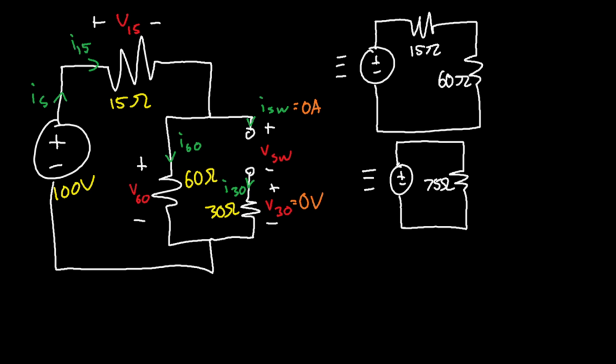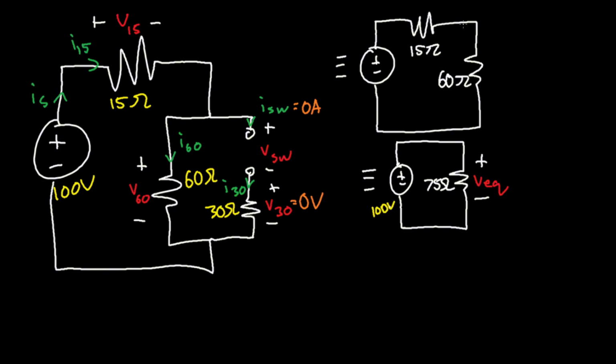Because 15 plus 60 is 75. And since these resistors are in series, you can simply just add them up. Now that you have that, and you also have your voltage at the voltage source, and also this right here should be the voltage equivalent, we can solve for the current going through this circuit up here.